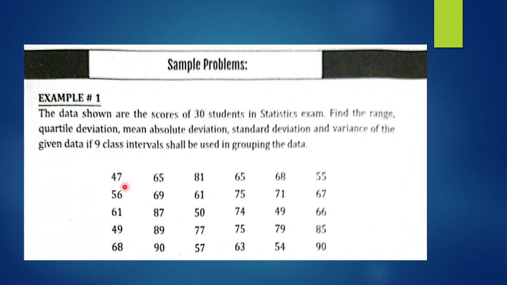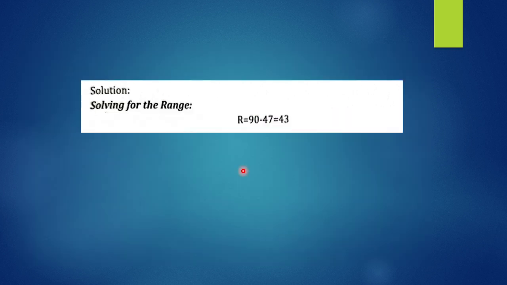So we have 30 students: 5, 10, 15, 20, correct, 30. So we can say that we are going to use the formulas for grouped data. Now, let's start with solving the range. The range is maximum minus minimum, that's why 90 minus 47.